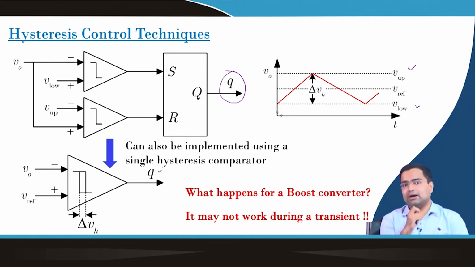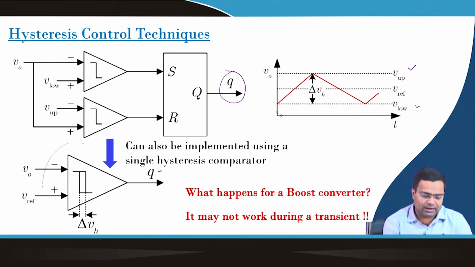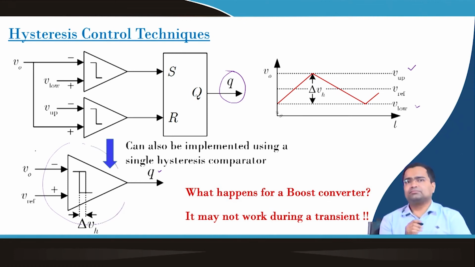So, you can find out that hysteresis comparator is one kind of switching control logic, and in this control logic, since we are only taking the error of the output voltage as the switching function, it is independent of the current dynamics. It can be shown that the zero dynamics is unstable. That means the zero dynamics can be shown to be unstable.